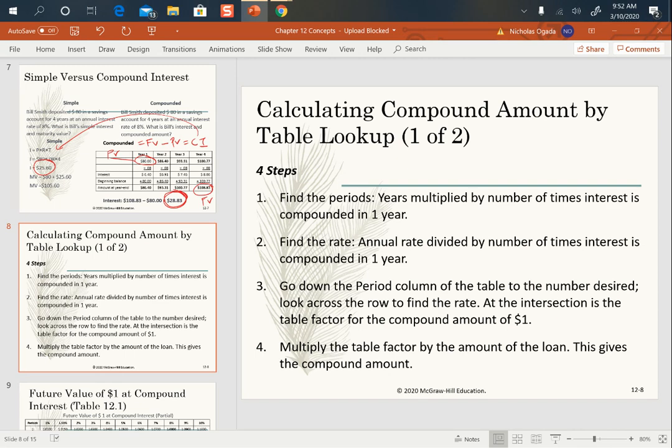But remember, we're going to use the same knowledge we said before, that we need to understand the number of periods in the problem. We need to understand the rate in the problem, and then the rest is just to pick up the table factor, and we use the table factor and multiply this with the initial investment, and that will give us the future value.